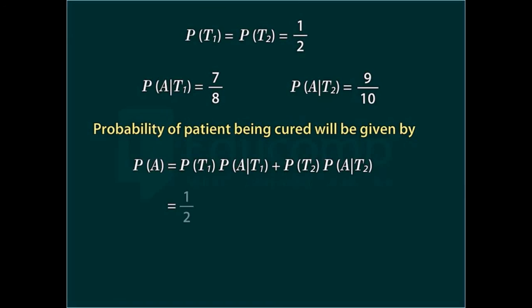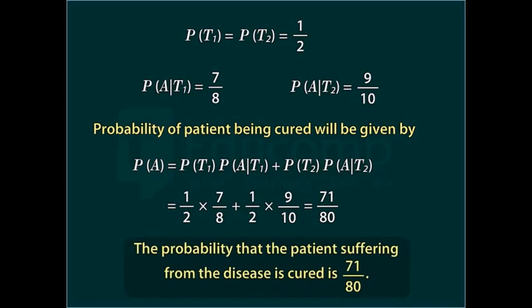This equals 1/2 into 7/8 plus 1/2 into 9/10. This results in 71/80. Hence, the probability that the patient suffering from the disease is cured is 71/80.